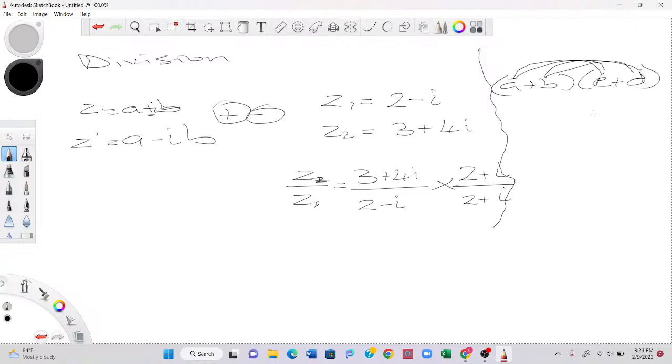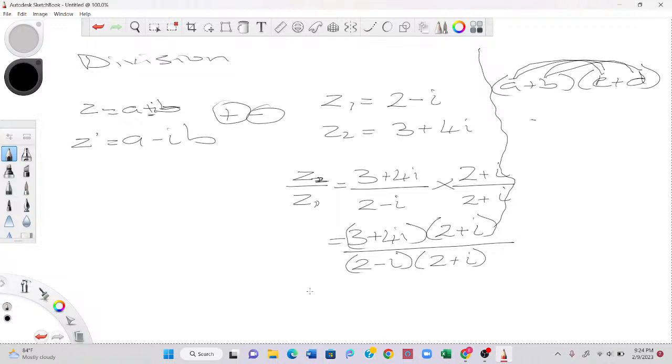For complex numbers, it's the same as the distributive property. So the numerator becomes 3 plus 4i multiplied by 2 plus i, and the denominator becomes 2 minus i multiplied by 2 plus i.